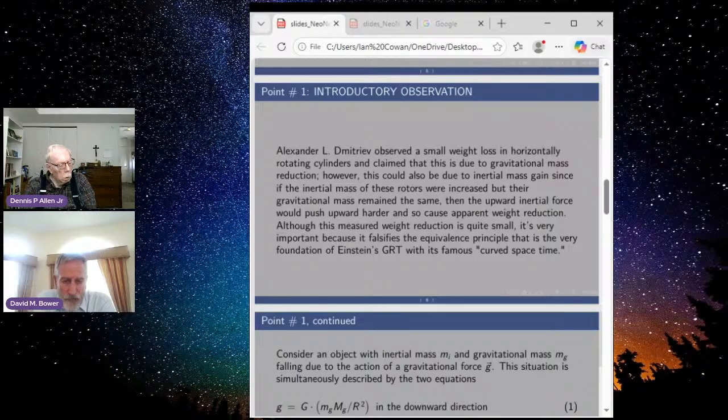But anyway, Dennis Allen had a new way of interpreting this. He said, if the gravitational mass remains the same, but the inertial mass of the rotors were increased, then the upward inertial force would push harder and cause apparent weight reduction. Now, this concept is related to something I first came across in reading Assis's works, where they imagine that the inertia of a body is due to a so-called inertial force.